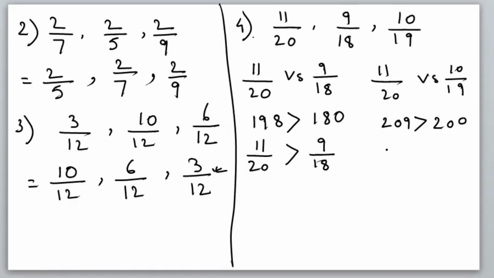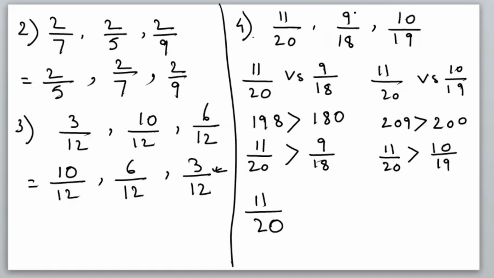It means 11 over 20 is greater than 10 over 19. Now we got that 11 over 20 is greater than 9 over 18 and also 10 over 19. It means our greatest fraction will be 11 over 20.